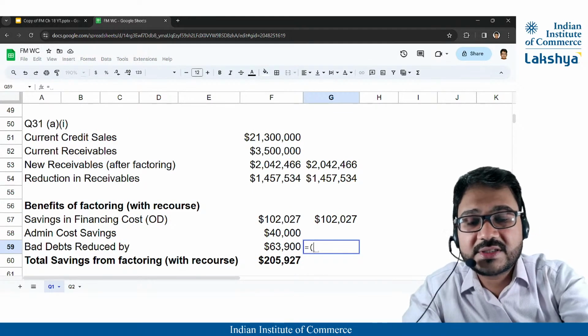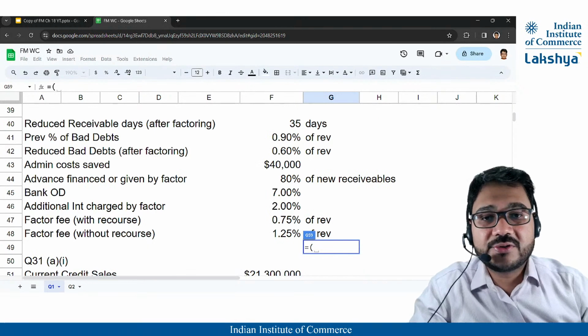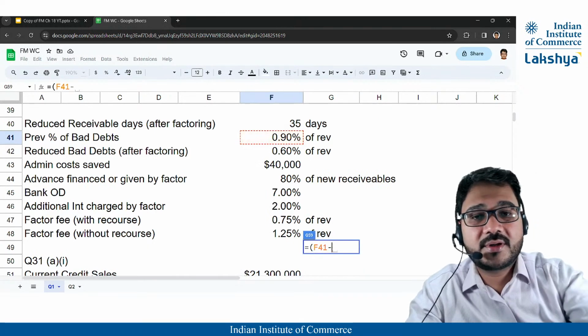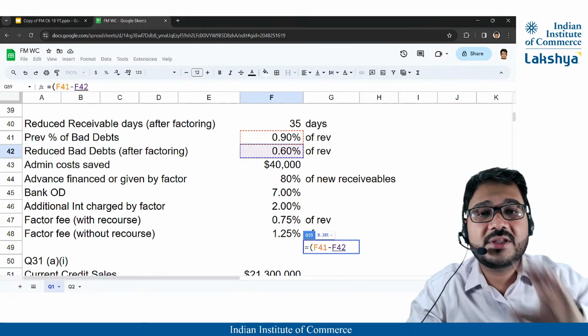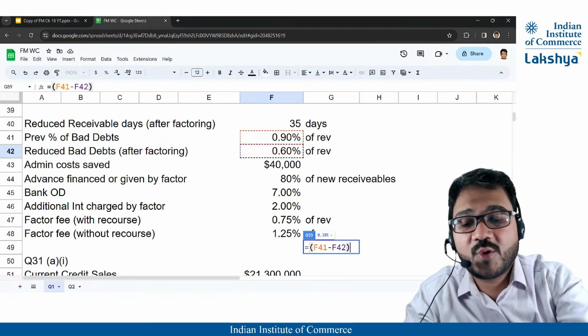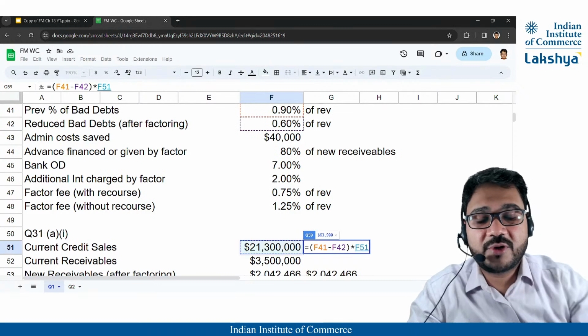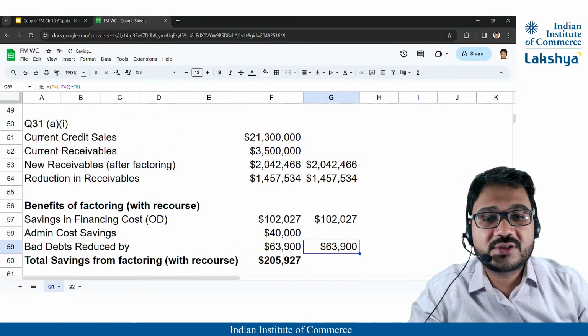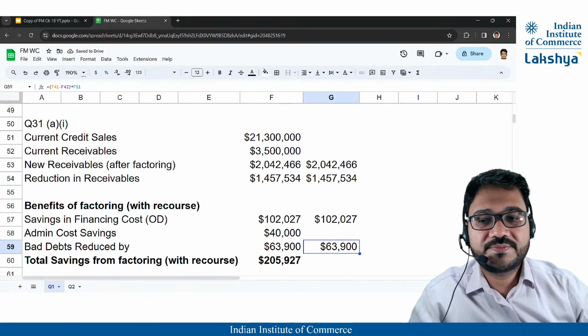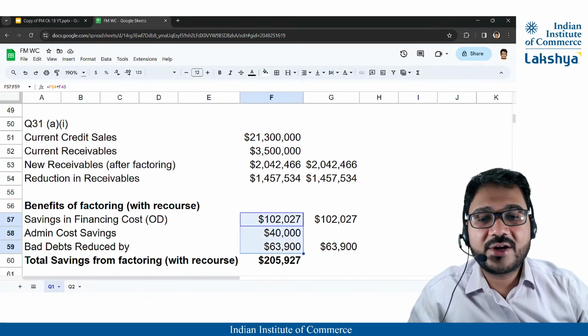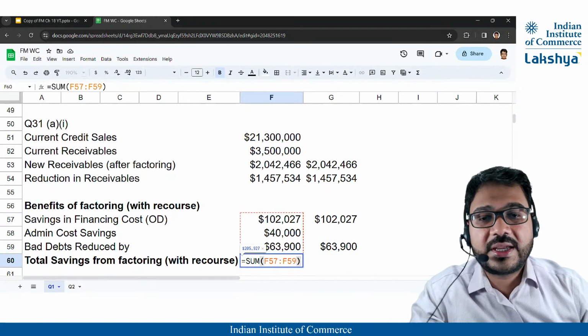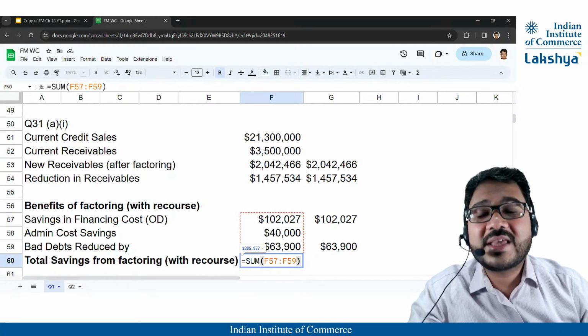You will say previously it used to be 0.9. Now it is 0.6. That means it is only 0.3% of what? Of the revenue. What is my revenue? 21.3 million. So $63,900. And I would just add all of this up and will find my total savings.